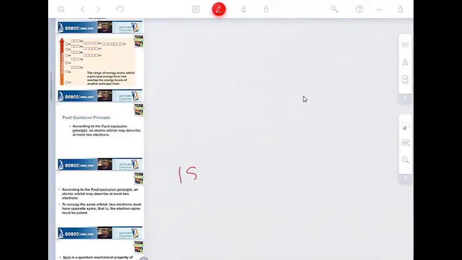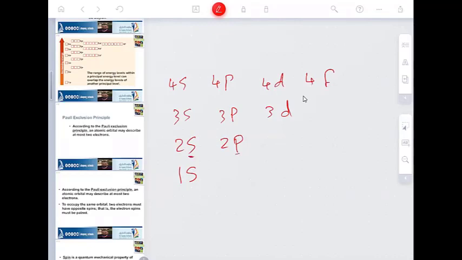Write first 1s here, then 2s, and beside it 2p, then 3s, 3p, 3d. Then 4s, 4p, 4d, 4f. The first level has only s, the second level has s and p, the third level has s, p, and d only, the fourth level has s, p, d, and f.